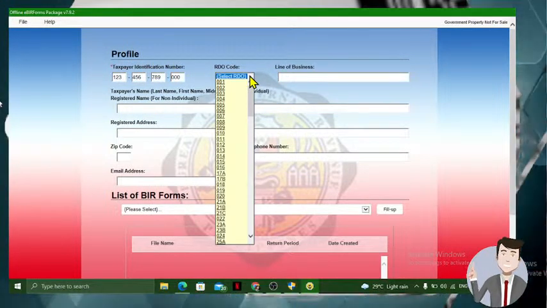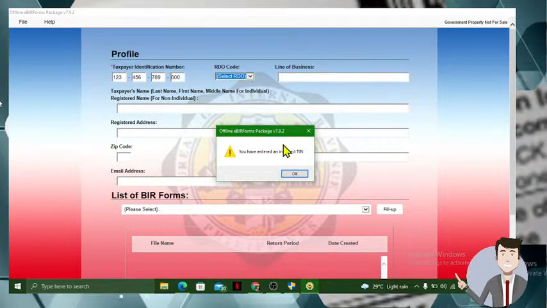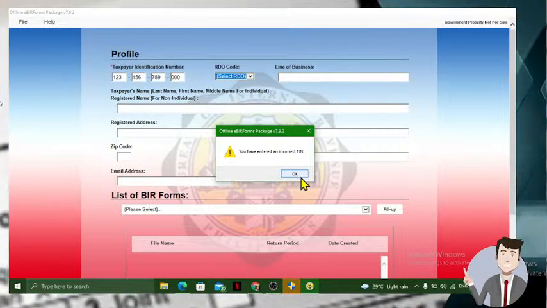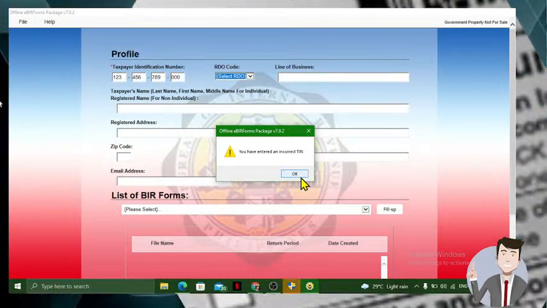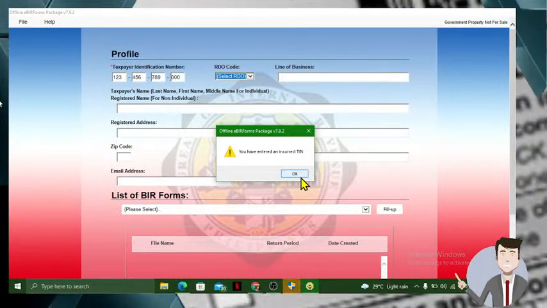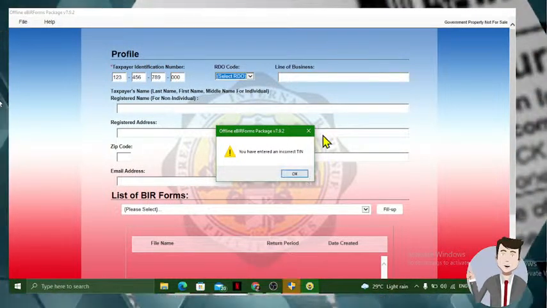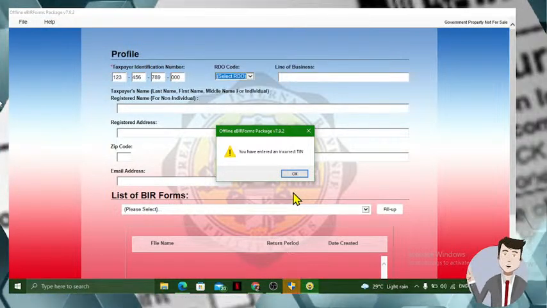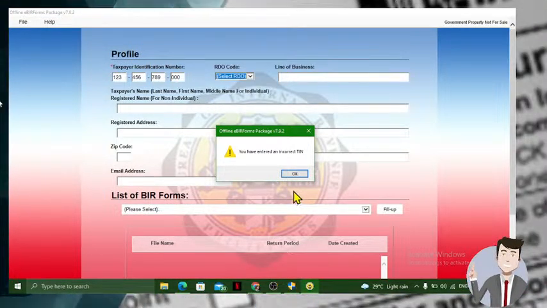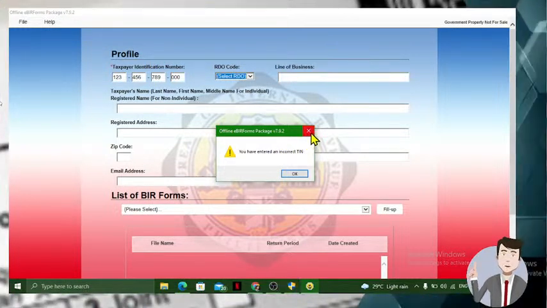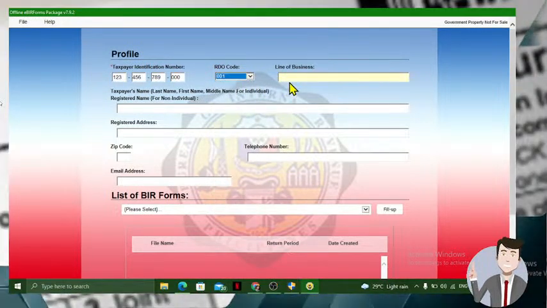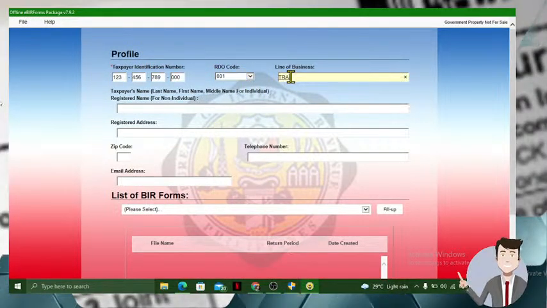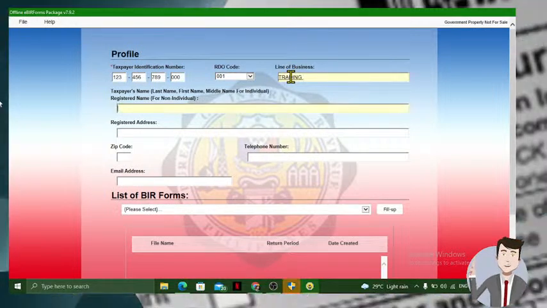Okay, select the RDO. So take note guys, the system recognizes that the TIN is unregistered or non-existing since I encoded an incorrect TIN. So let's just proceed for the purpose of discussion.